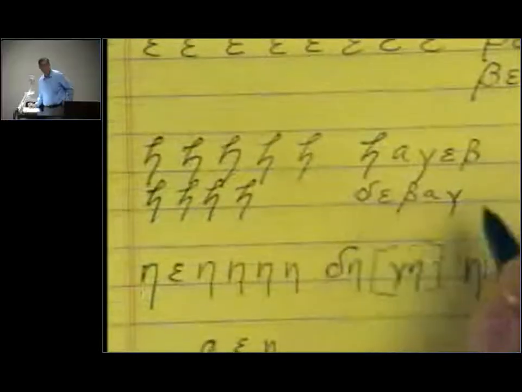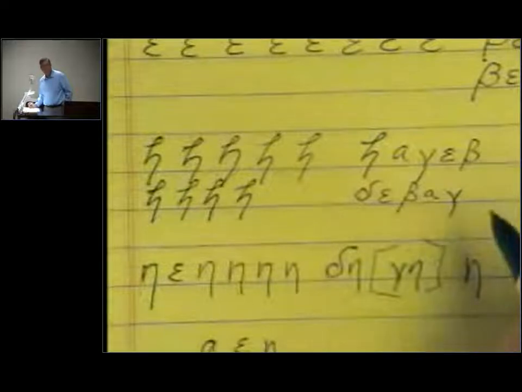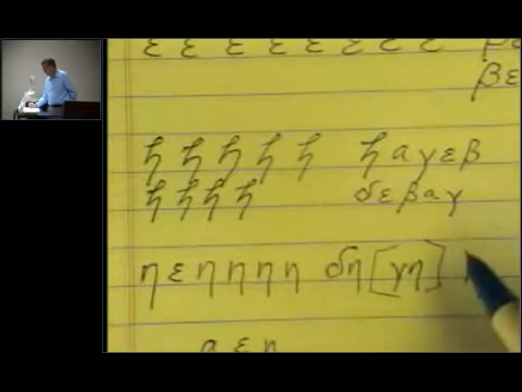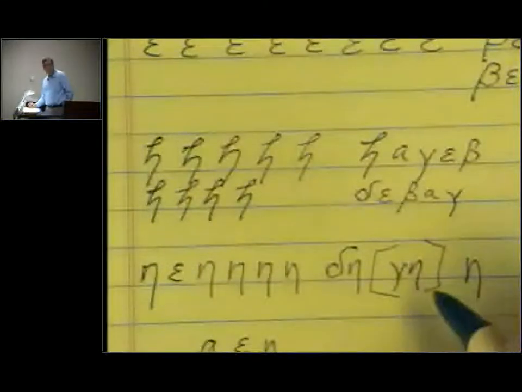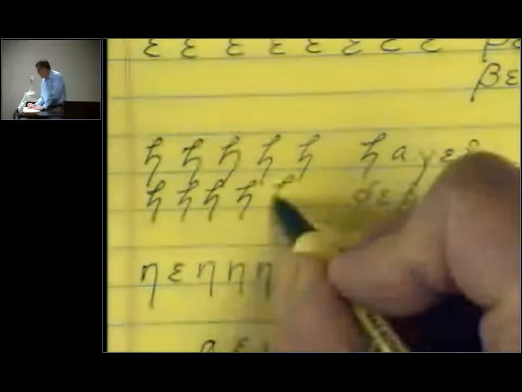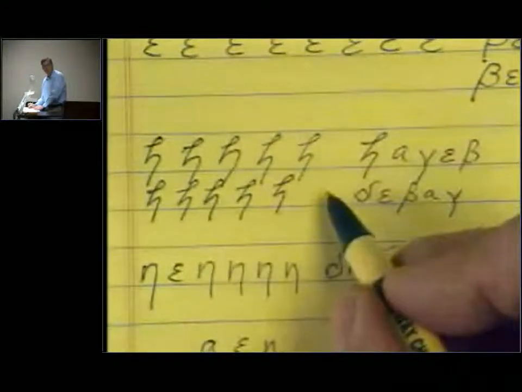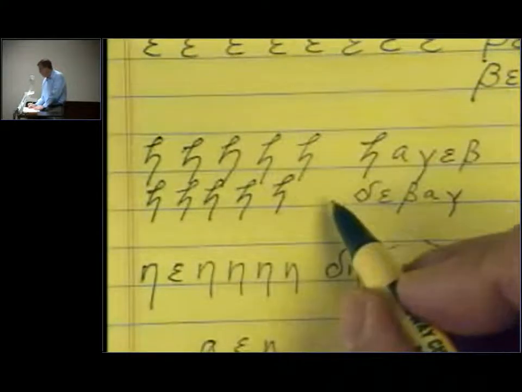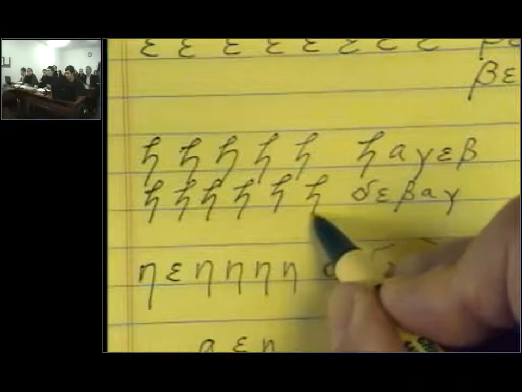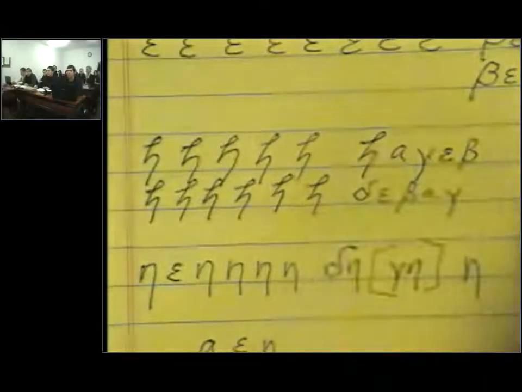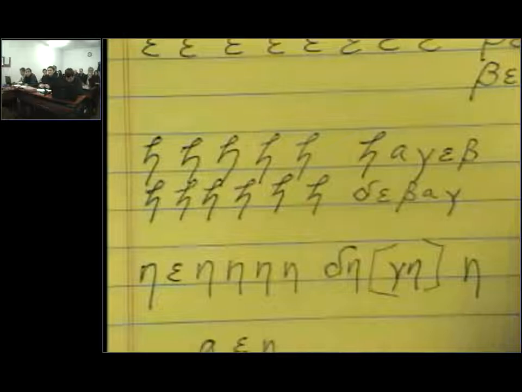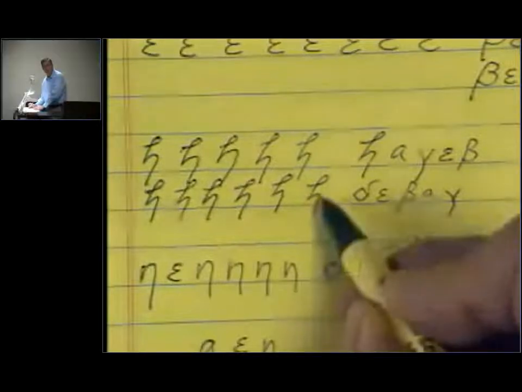It doesn't matter as long as you say the z sound. Do you have a character like that in Russian that has the z sound? Yes. Okay, good. All right, so z.